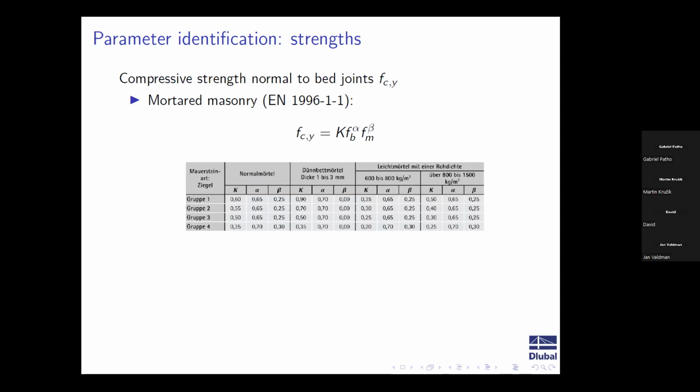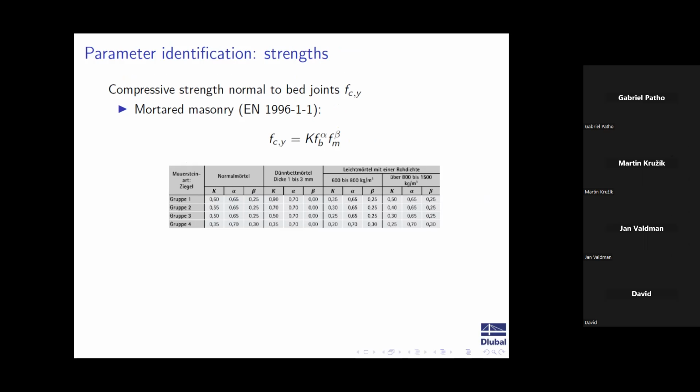Actually, for our classic mortar masonry, we have some tabulated values. The compressive strength in the strong axis, which is in our notation the y direction, is computed from 3 values. This is k times the compressive strength of the masonry unit to the power of alpha times the compressive strength of my mortar to the power of beta.